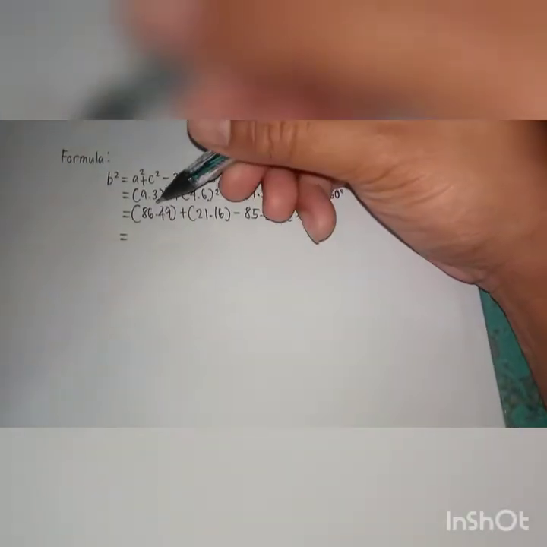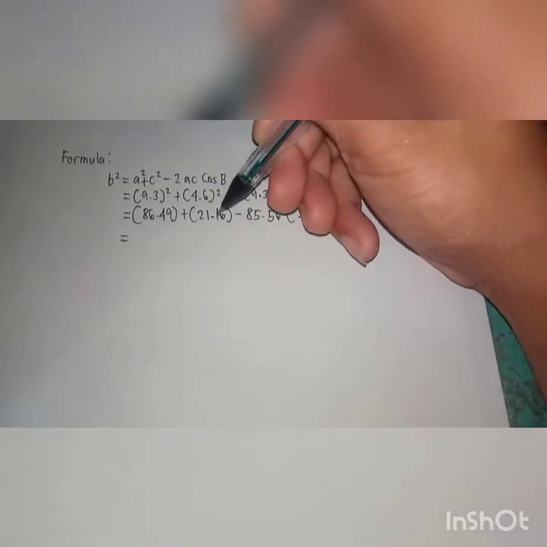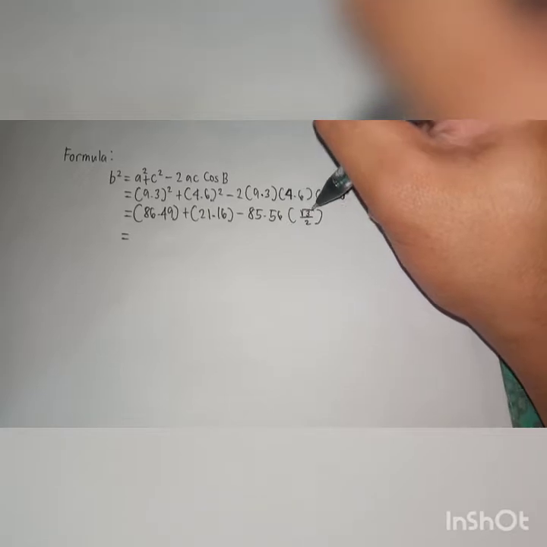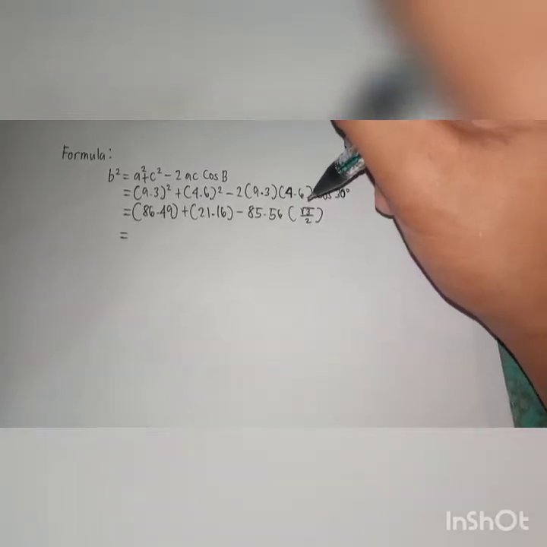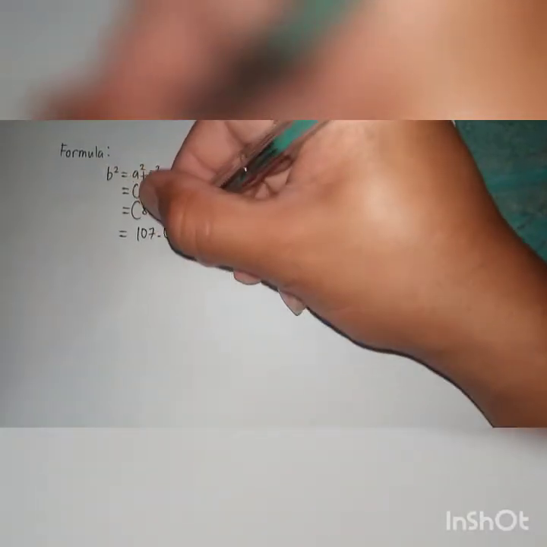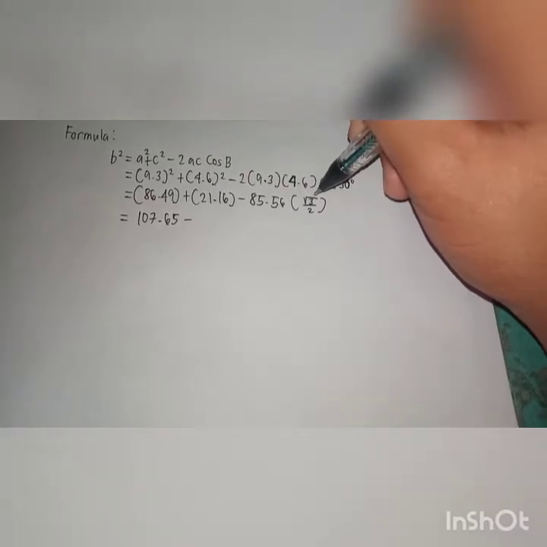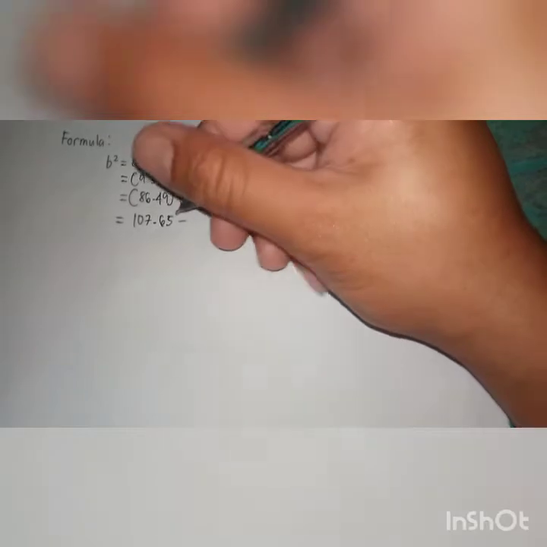So let's proceed. 86.49 plus 21.16 is 107.65, minus 85.56 times the square root of 3 over 2, which is 74.10.